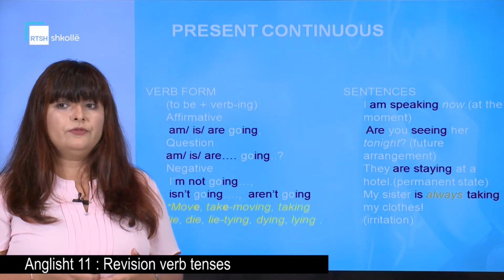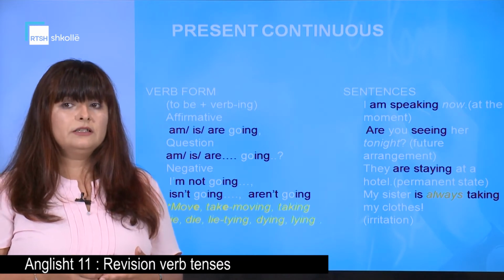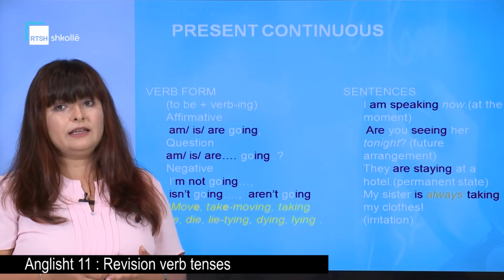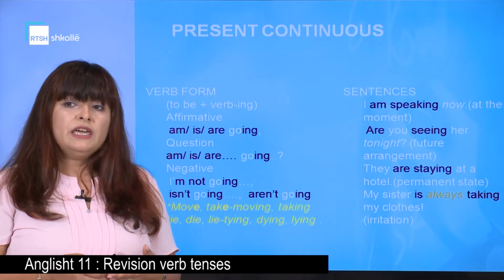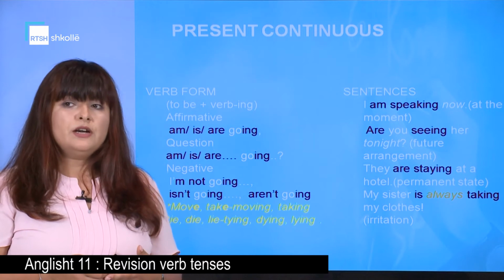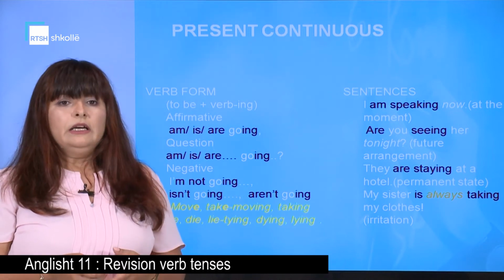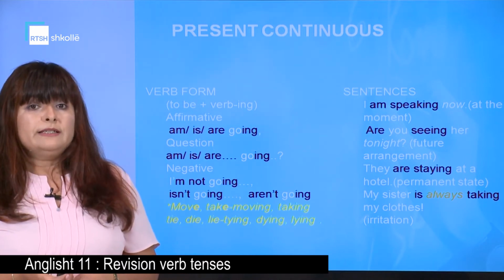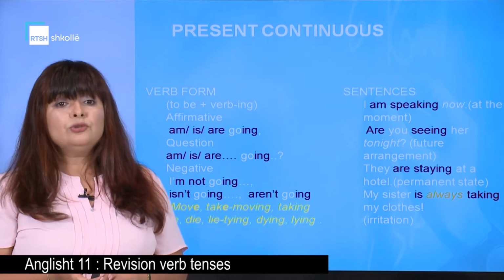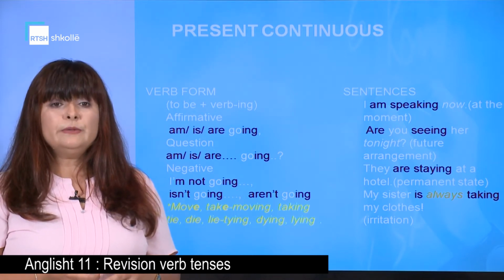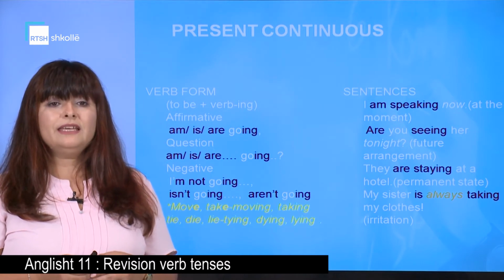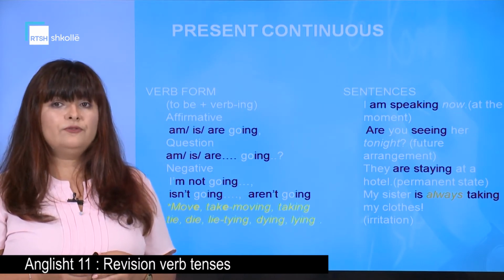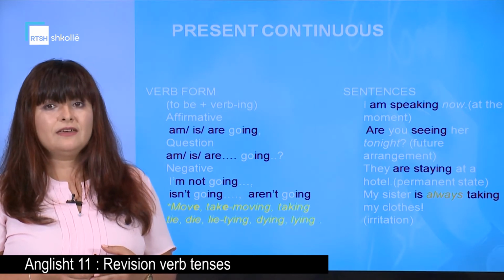The negative form is using not. So, I'm not speaking now. You are not speaking now. Or he is not going. You aren't going. What should we remember in present continuous? The verbs that end in E drop the E and take the ing form, like move, take, have.